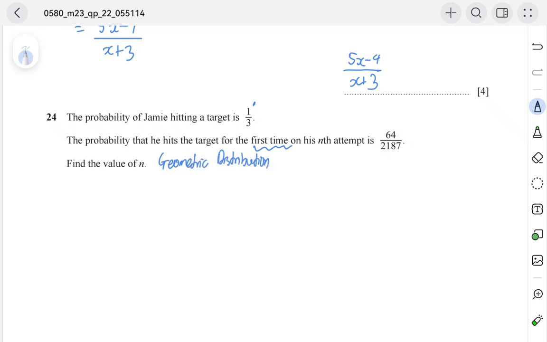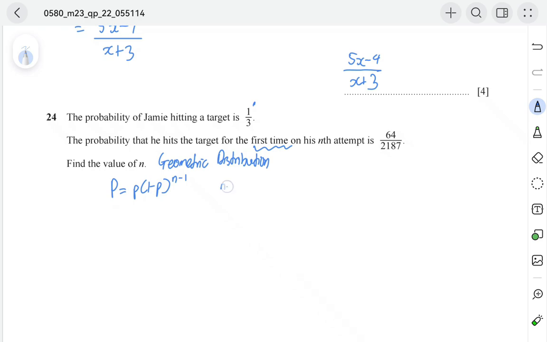The formula is the probability of success times the probability of failure, which is 1 minus the probability of success, to the power of the number of tries minus 1.